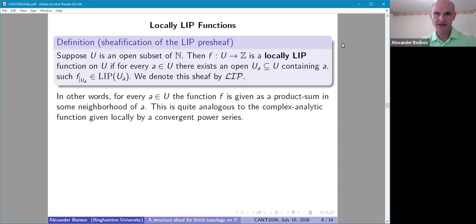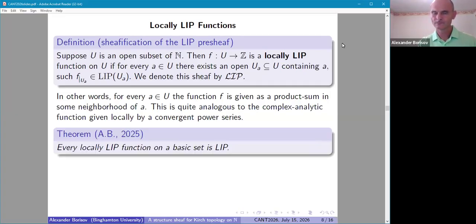Basically, we're saying that for every a in U, the function is given as a product sum in some neighborhood of a. So it's just like complex analytic functions being given by convergent power series in some neighborhood of every point in the domain, which can be taken as a definition. So this is the sheaf that is in the title of the talk.